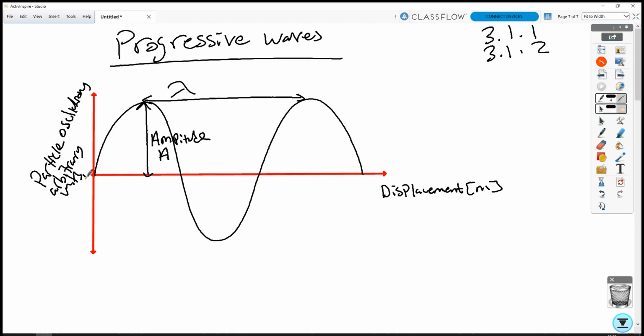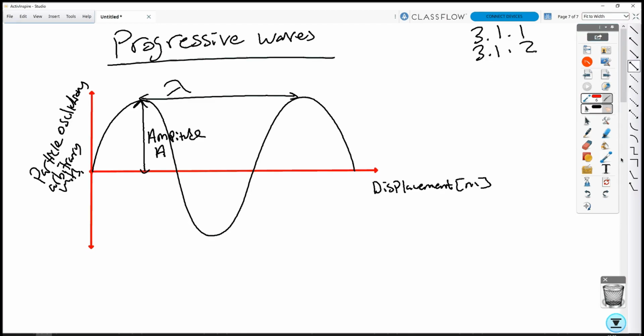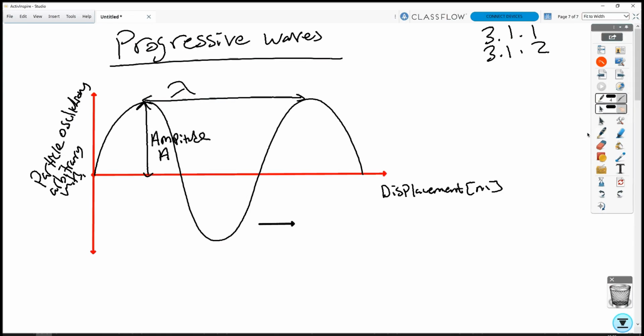In the case of looking at displacement on the x-axis, the direction of propagation of our wave is towards the right. So this is our direction of propagation.